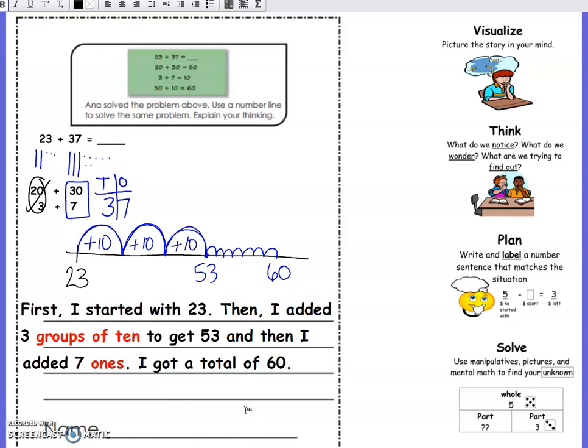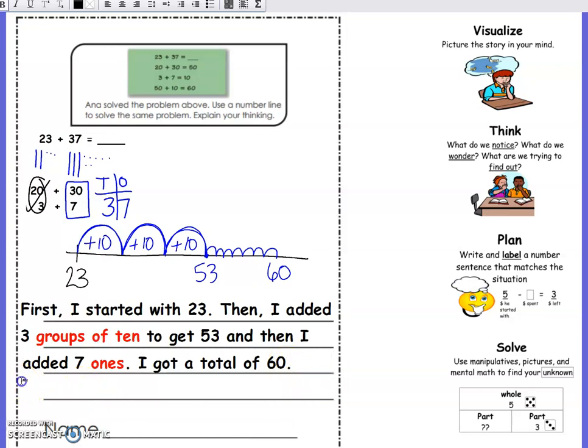Okay. Because you can also explain when you're doing what Anna did, she broke her numbers down into the groups of 10, into tens, and into ones. Okay, so that's what we're doing. We're breaking this down into our groups of 10 and our ones and counting on. So that's it. That's really all that we have to explain, okay?